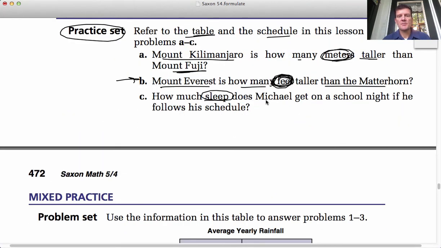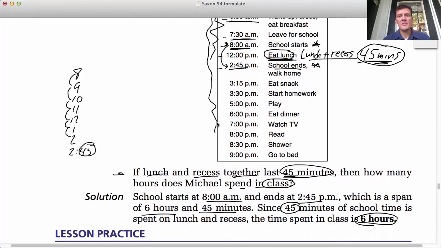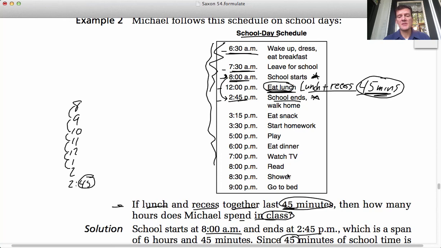C: How much sleep does Michael get on a school night if he follows his schedule? Interesting, sleep. He's going to go to bed at a certain time and then wake up at a certain time. That would be, we assume, his hours of sleeping. So he goes to bed at 9 p.m. Not a bad time to go to bed. Make sure you're getting enough sleep. 9 p.m., and he's waking up at 6:30.